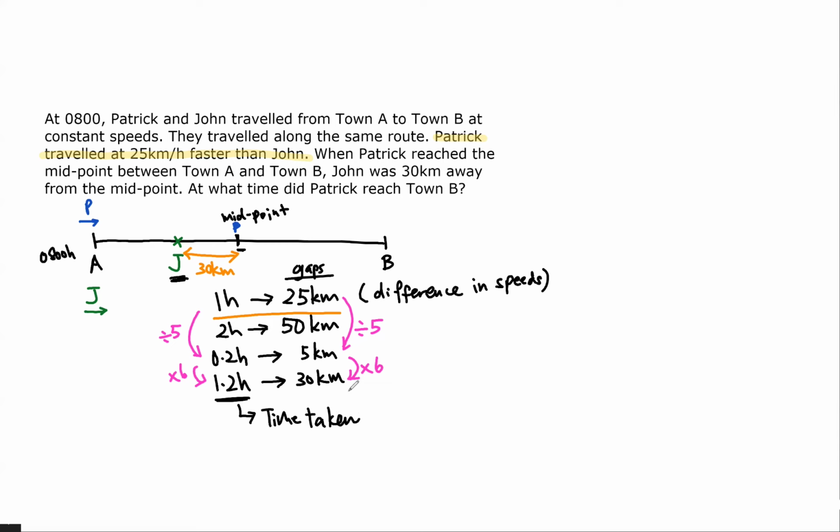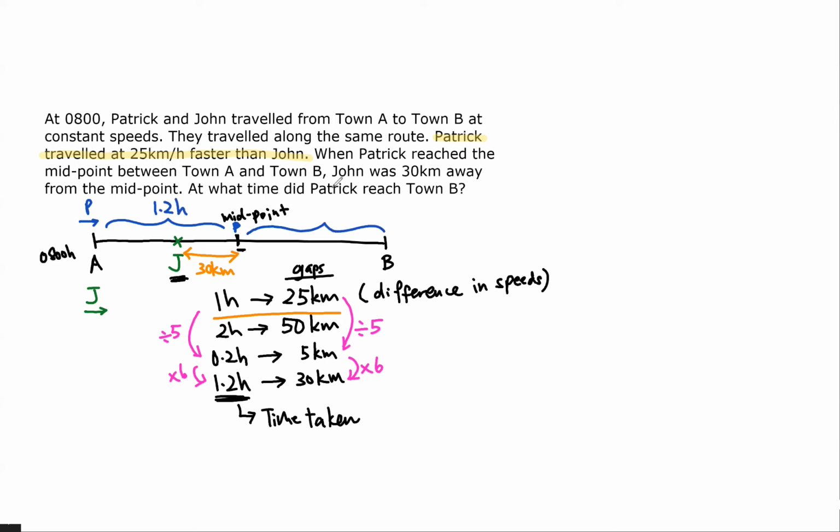Which also means for Patrick to reach town B, that will take him another 1.2 hours, isn't it? Because he's already at the midpoint in 1.2 hours. Okay, this is for Patrick. He took 1.2 hours to reach the midpoint.